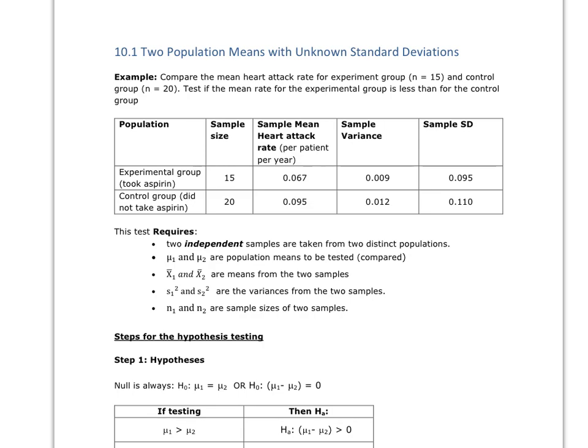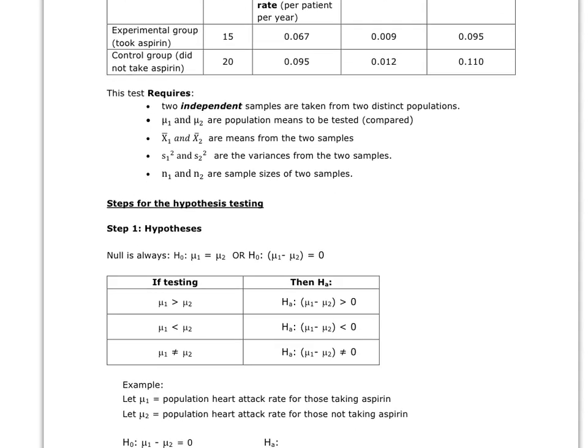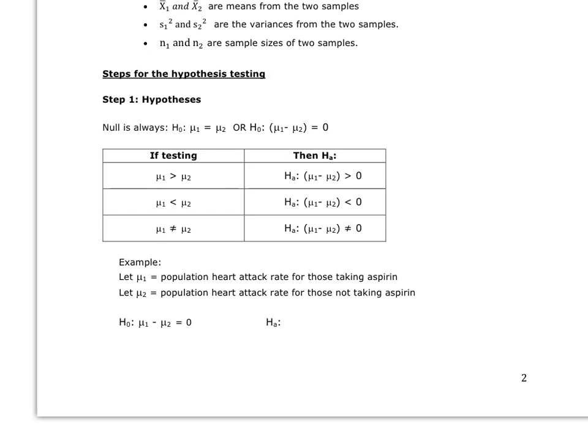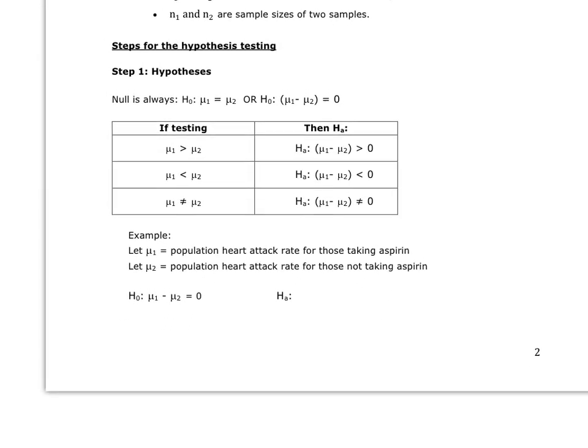So the steps are, first of all, we're coming up with the hypotheses. The null for this kind of test is always going to be one of these two things right here: that those two population means are equal, that there is no difference.